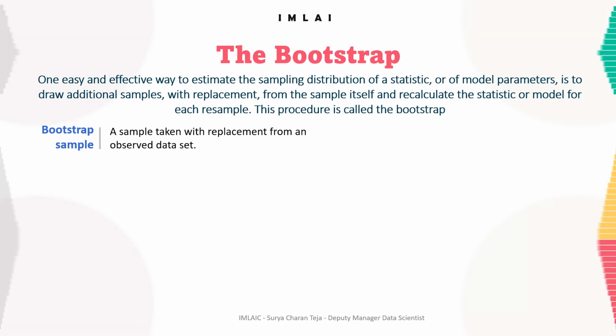Now the bootstrap comes into the picture to stress with replacement. Resampling, the process of taking repeated samples from the observed data, includes both bootstrap and permutation procedures. That's called resampling.